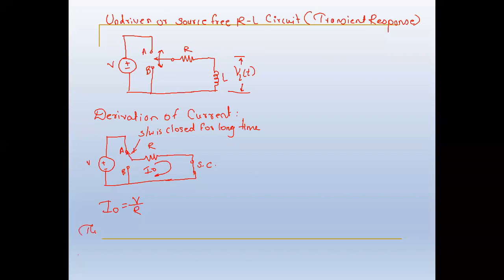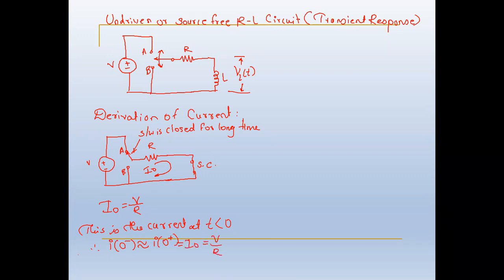This is the current at t less than 0, and therefore to identify the initial conditions, let us define I of 0 minus, which is approximately equivalent to I of 0 plus, which is equal to I0, which is nothing but V by R.